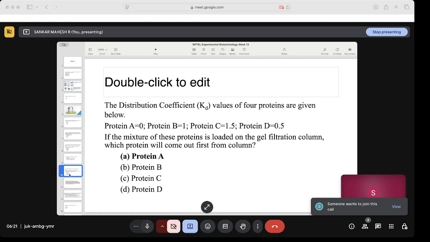Now, coming back to KD, you told it's the ratio of partitioning of your solute of interest between your stationary phase and the mobile phase. Now, compare these four proteins with KD equal to 0, 1, 1.5 and 0.5. Can you tell me anything regarding how they can preferentially bind to the beads or elute with the solvent?